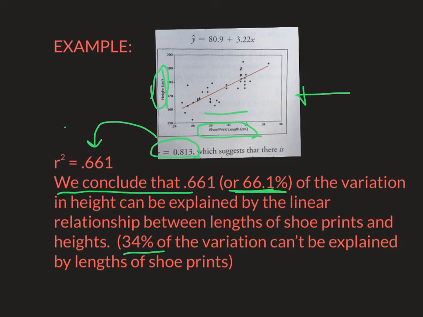So what R squared tells us is what percent or fraction of the change in y can be explained by the fact that x is changing. The bigger the shoe, the taller the person. 66% of that change in height is due to the change in their foot size or shoe print. I hope that makes some sense to you. 34% can't be explained that way, which means there's other stuff going on that explains height besides just shoe size.